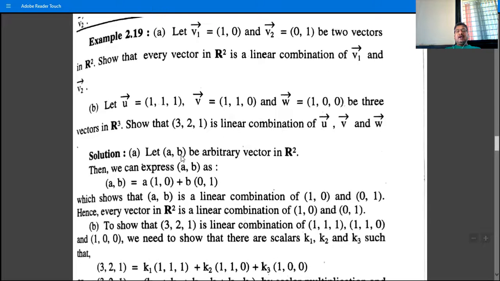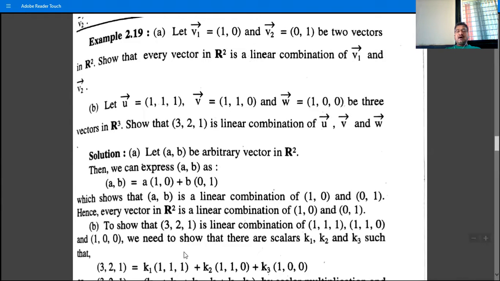If we take (a, b) as an arbitrary vector in R2, then we can express (a, b) as a(1, 0) plus b(0, 1). Therefore every vector of R2 is expressed as a linear combination of these two vectors (1, 0) and (0, 1). Another notation for (1, 0) and (0, 1) is E1 bar, E2 bar.